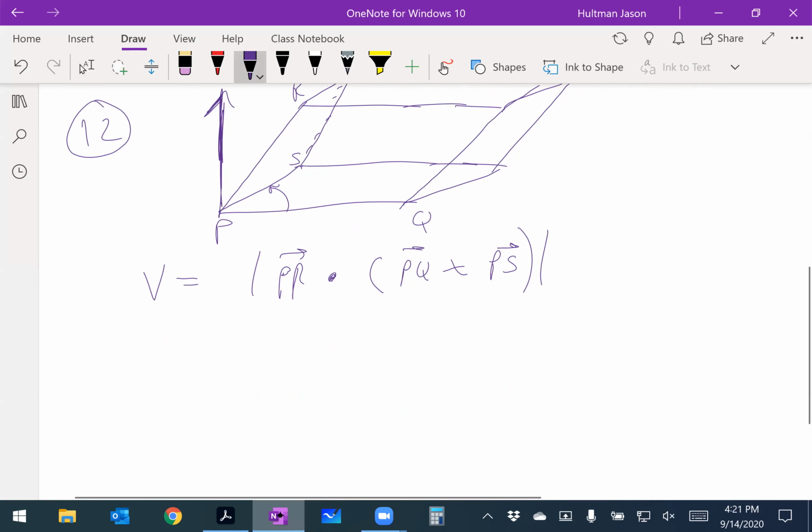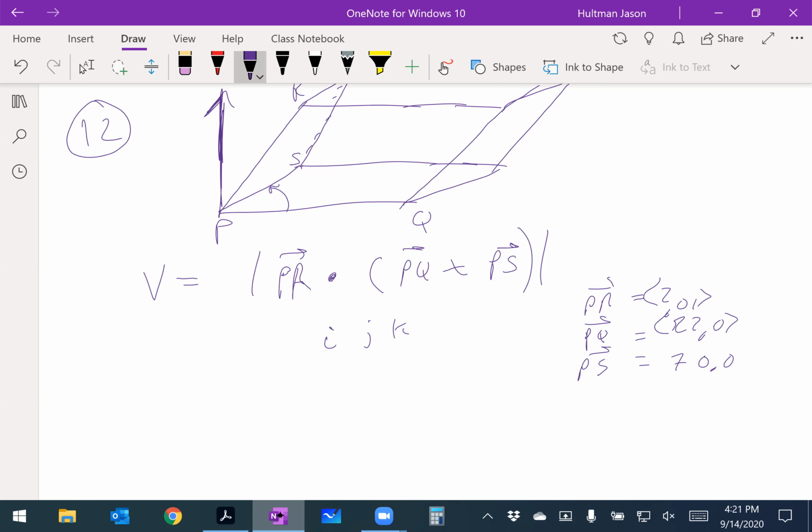For those of you that haven't tried this one yet, you just go i, j, k, and then again PR is equal to 2, 0, 1. PQ is equal to 2, 2, 0, and PS is going to be equal to 2, 0, 0.